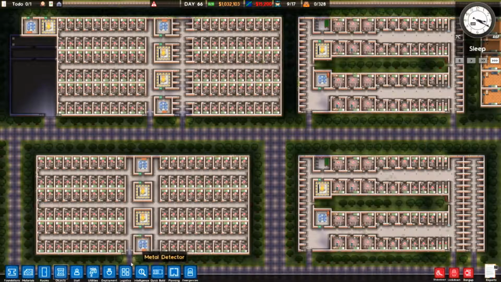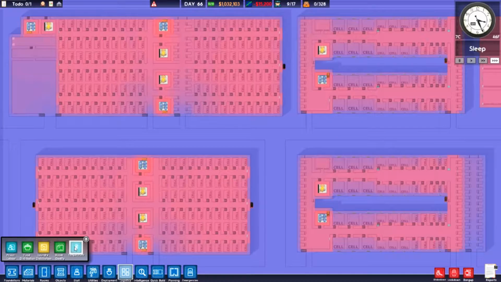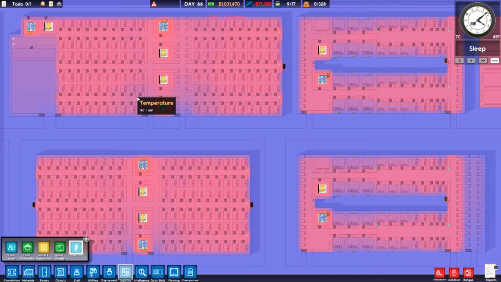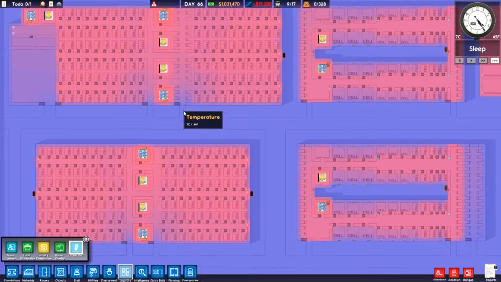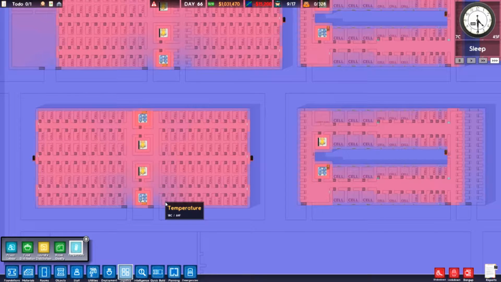As the temperature has dropped to 7 degrees, we're going to check under logistics, under temperature, how the temperature in the cell blocks is doing. This one stays here at 23. Right here it drops to 22. Of course here it's heating up due to the heat generated. Only this one here drops below 20, and here at the entrance it's really cold. Let's see, it's here 18, 19.